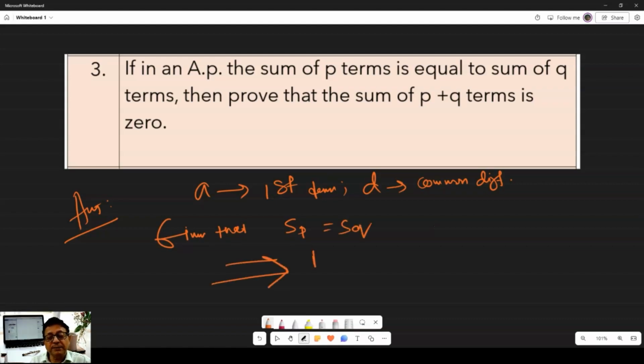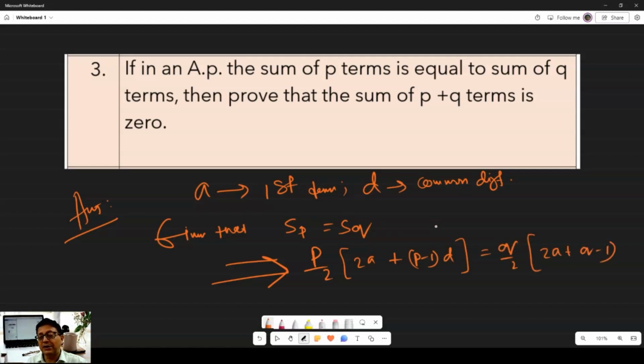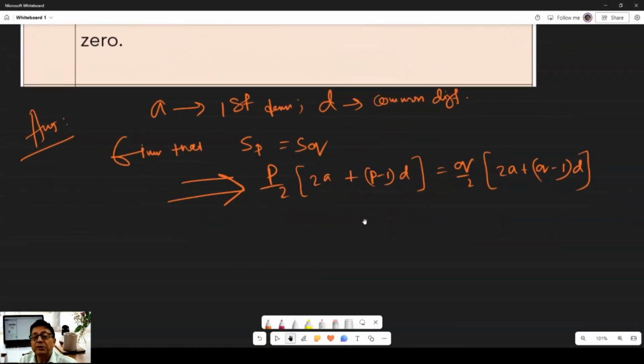So what does this imply? P by 2 twice A plus P minus 1 D equals Q by 2 twice A plus Q minus 1 D. Hope you have understood? Because sum of P terms is given equal to sum of Q terms. So you can easily apply this. This implies these two get cancelled.